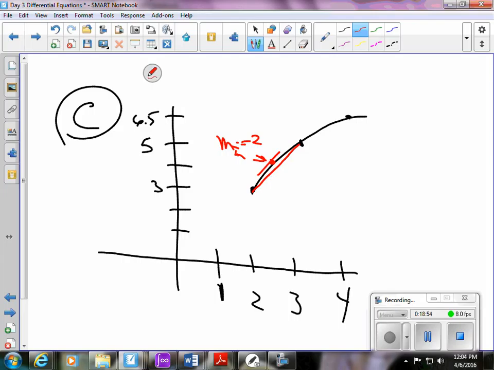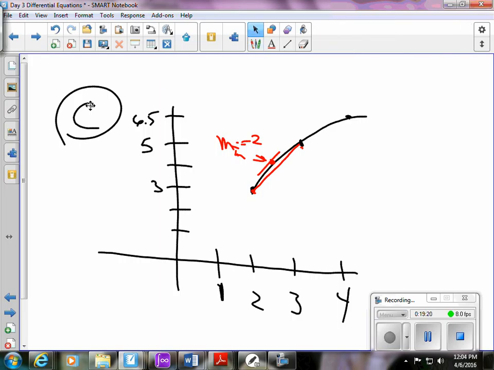Because it's going to be 2 somewhere between 2 and 3. That's what the average rate of change was between the first point at x equals 2 and the second point at x equals 3. So that's why it can't be this one, because the slopes are decreasing, and we already know that the slope would have to be 2 somewhere in between 2 and 3, because that's the average rate of change on that interval.